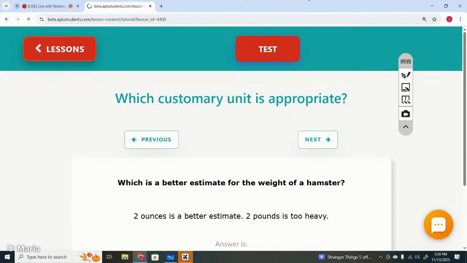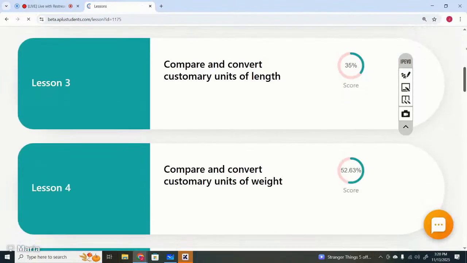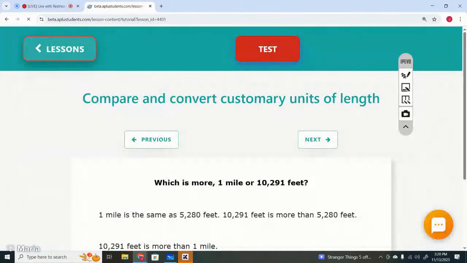The next lesson is compare and convert customary units of length. Now we're going to learn the units of length.